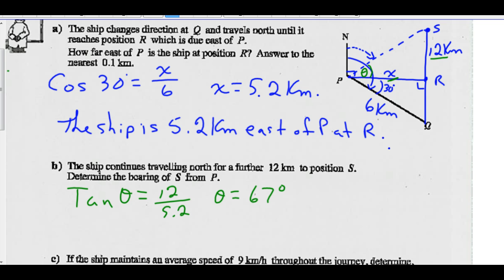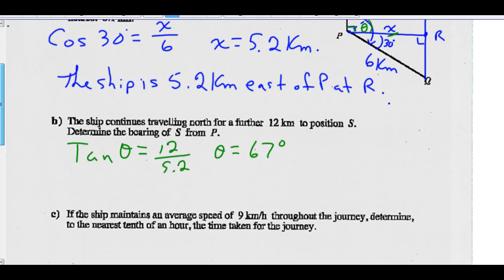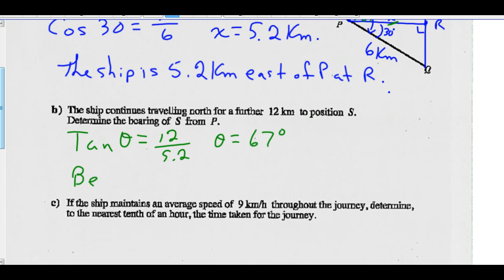Second function tangent, 12 divided by 5.2. So if theta is 67, and I know that that's part of a right angle, I can figure out the bearing by going 90 minus 67. So my bearing would be 90 degrees minus 67 degrees, which is 23 degrees, or proper notation for bearing would be 023 degrees.